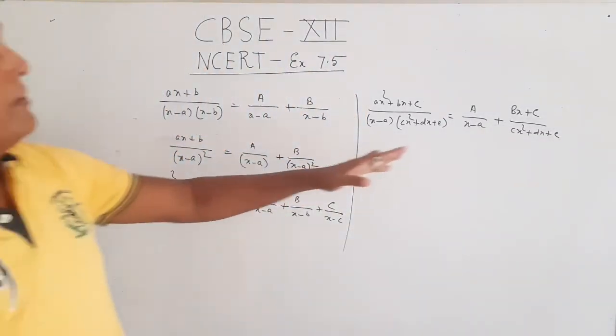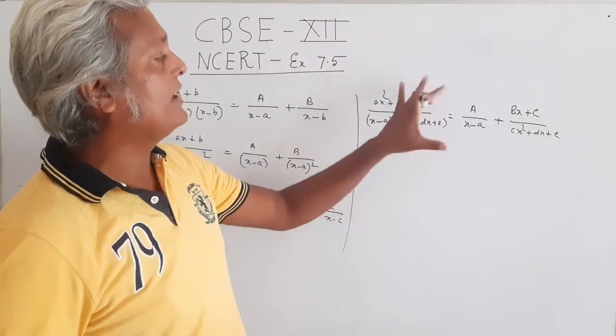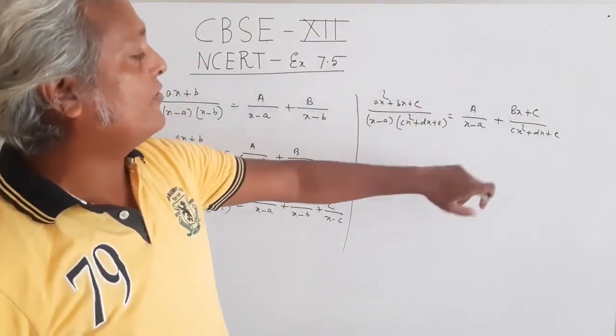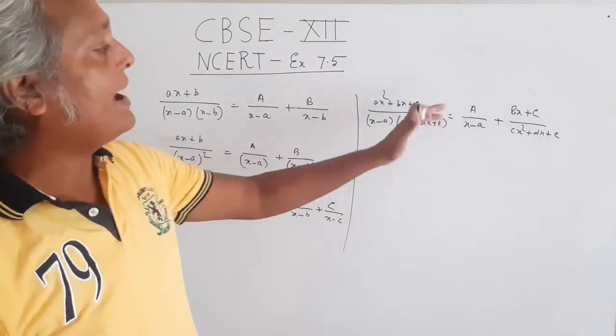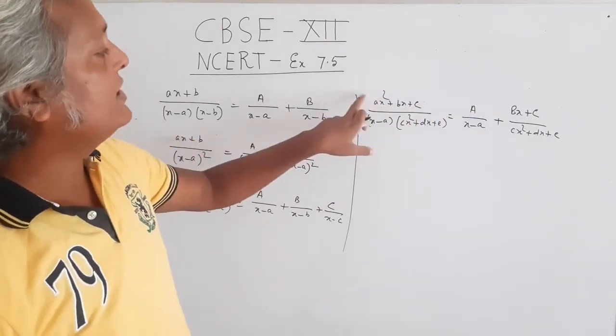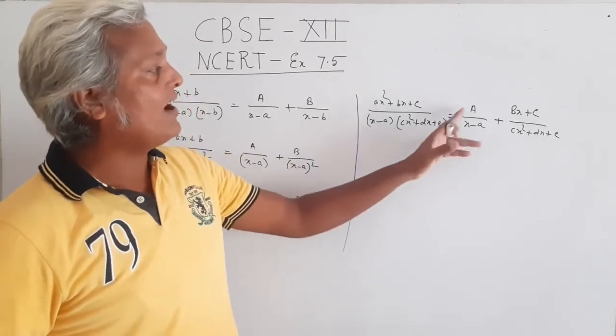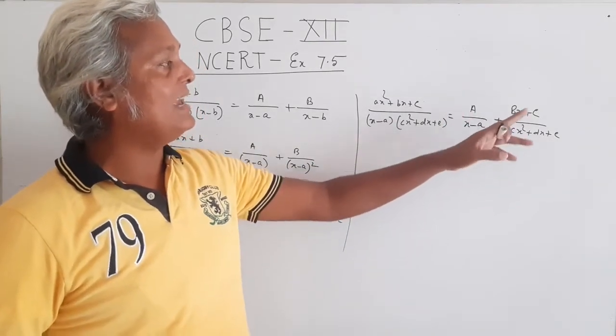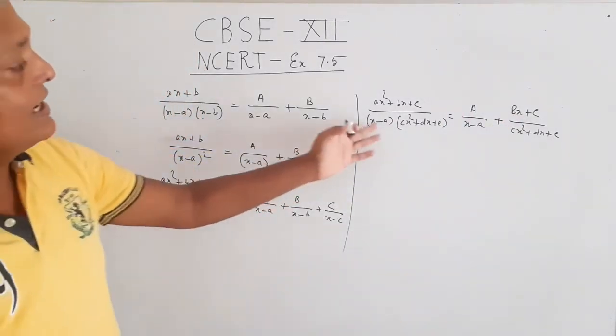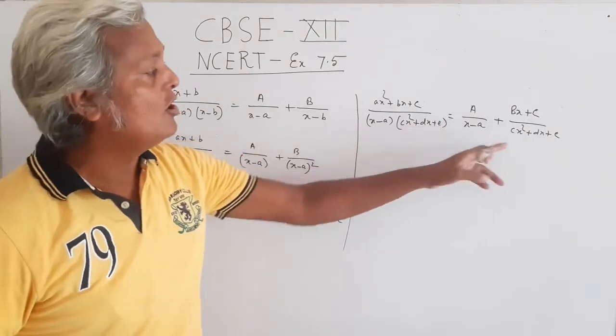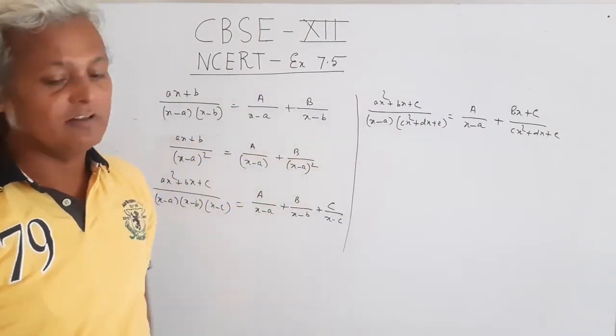And then again by taking the LCM and comparing the numerators of those combined fractions with the numerator of this fraction, because their denominators are the same, you find the coefficients A, B and C, and then you can directly integrate these two rather than integrating this particular form.